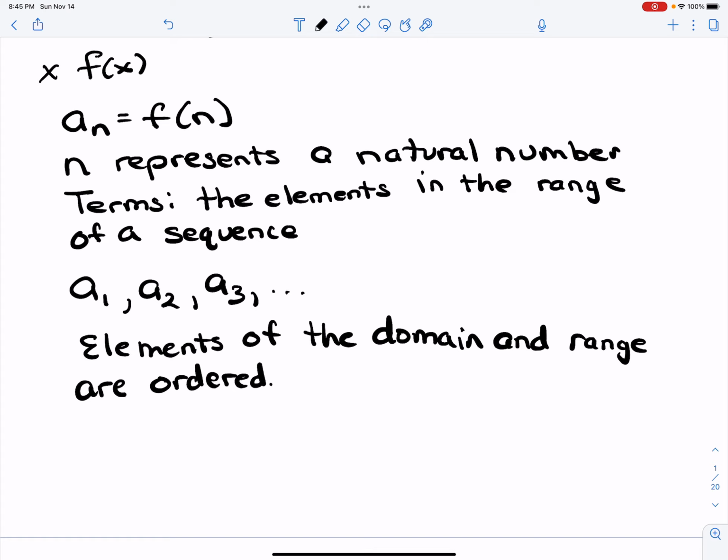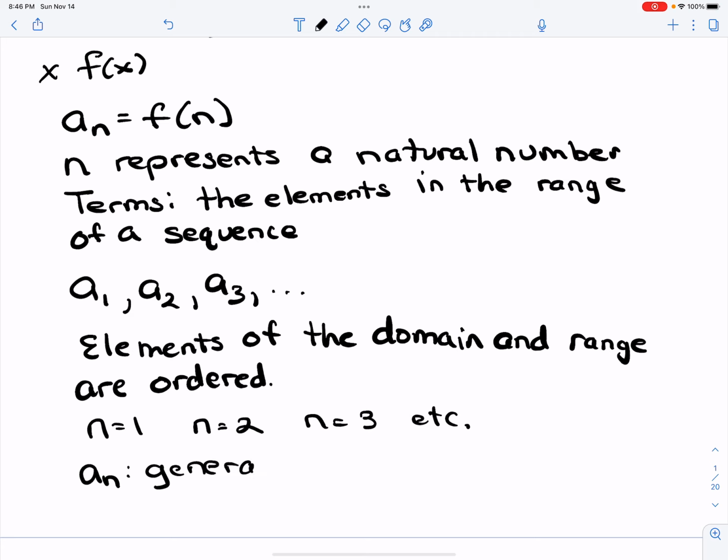And what else do you need to know about these? You let first n is 1, next n is 2, next n is 3, etc. The general term is the nth term, so a sub n is the general or nth term.